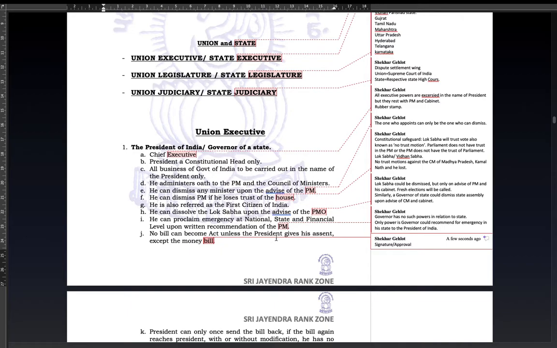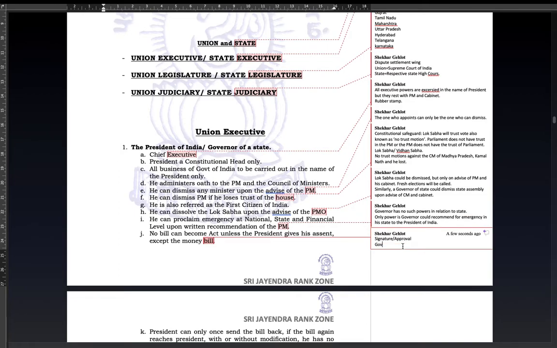When the president will sign a bill, only then the bill will become a law, or when a governor will sign a bill in the state, then only that bill will become a law in the state.